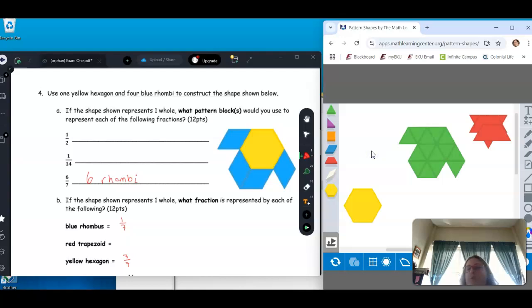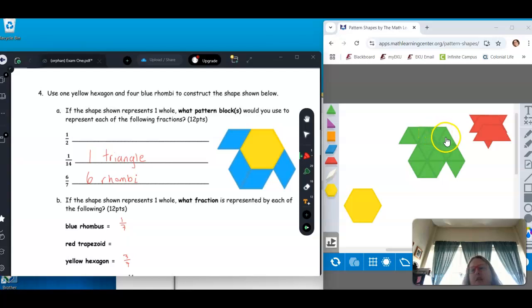Since it takes 14 triangles to make a whole, 14/14, each triangle is a 14th. So I know that this would be 1 triangle. When I had the rhombi, I had 7 of them, and I couldn't really take half of 7, but I can take half of 14.